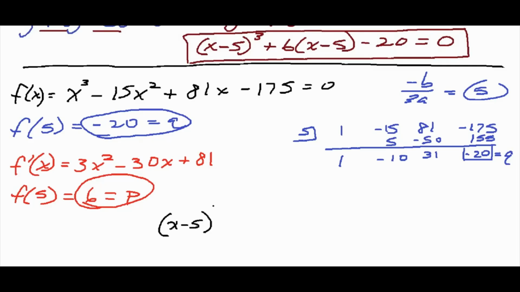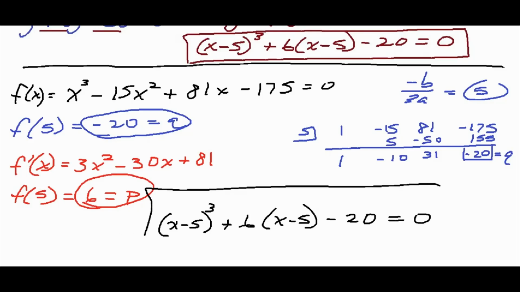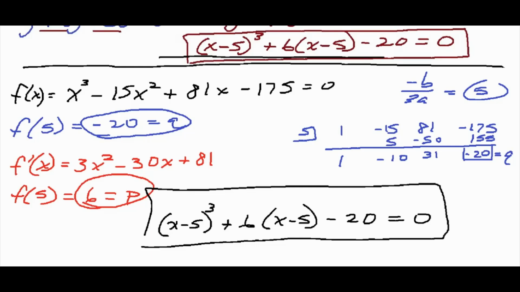So we're going to do x minus 5, and then here is going to be my p, which I now know is 6. And then I need q, and that's going to be negative 20. And we're done. And that is way easier to get to than the first method.